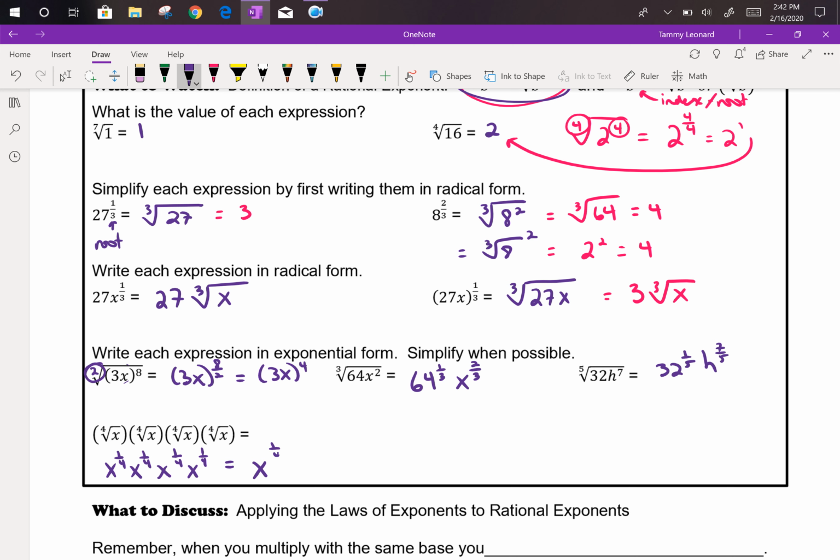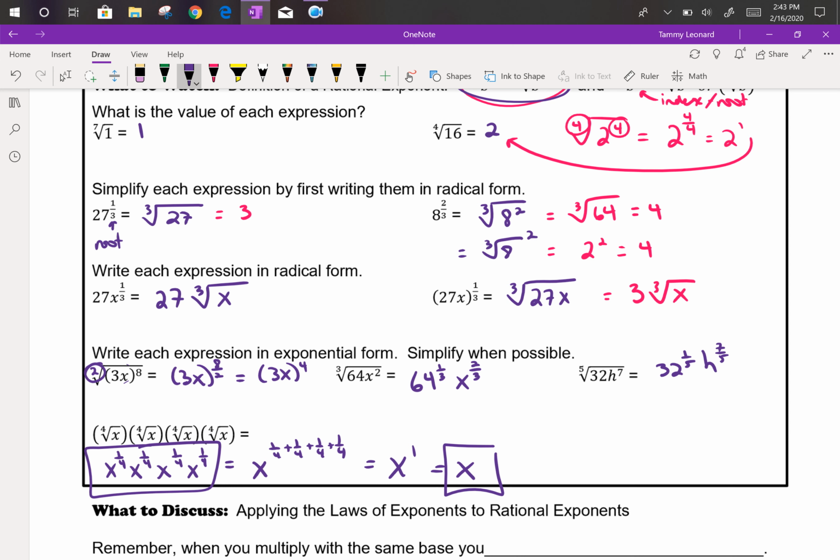So this is x to the 1/4 plus 1/4 plus 1/4 plus 1/4. And you're like, wait a minute, that's just x to the first because 4/4 is equal to 1. So interestingly, the 4th root of x times the 4th root of x times the 4th root of x times the 4th root of x equals x. First, we rewrote it in exponential form, and then we went all the way through and simplified.